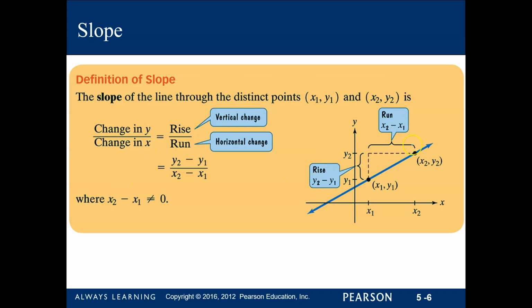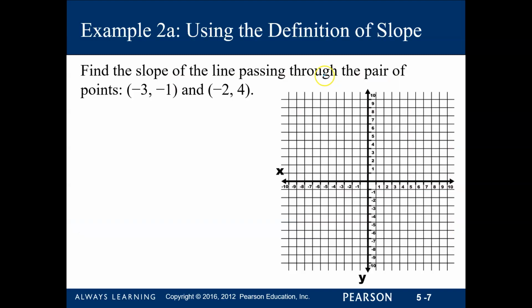The formula will always be the difference between the y values over the difference of the x values. When you have 2 points, just declare which one is point 1 and which is point 2. The subscript for each point is the representation for their x and y values.